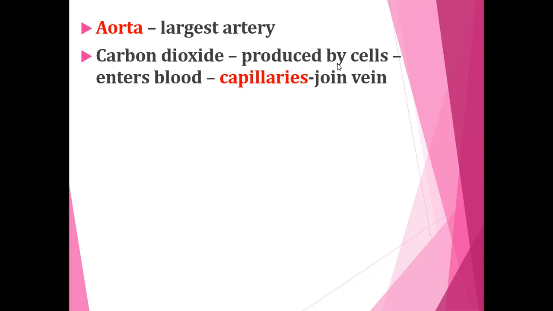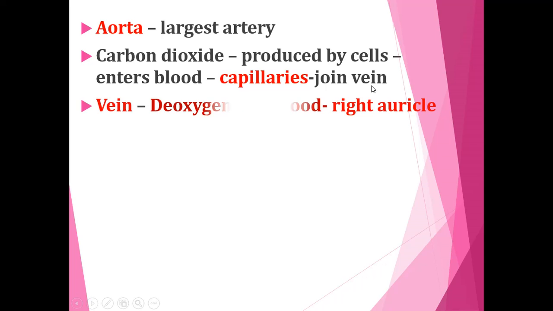Now we know that after cell activities, cells produce carbon dioxide, which is waste and has to be removed from our body. The carbon dioxide produced by the cells enters the blood through capillaries, and from the capillaries it is passed into the veins. The veins carry deoxygenated blood, which is rich in carbon dioxide, to the right auricle.